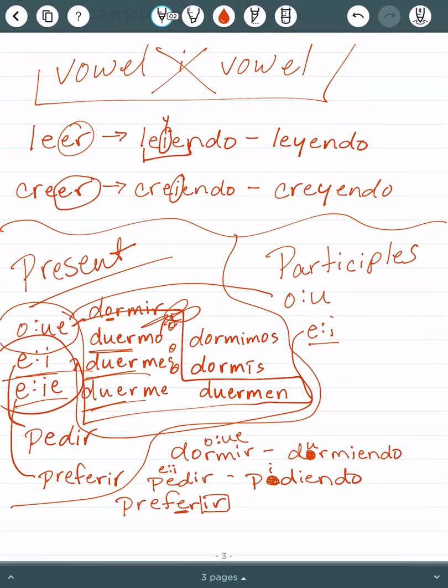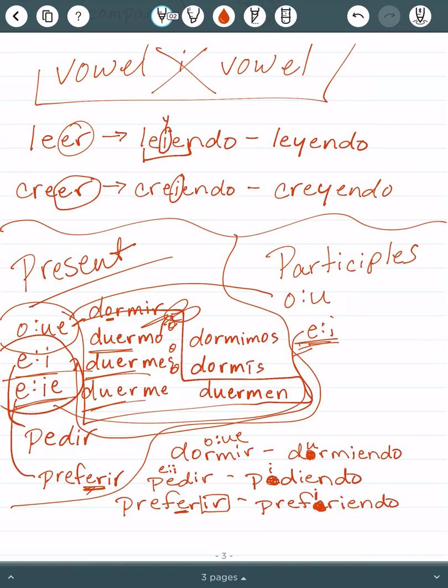And it's E to IE in present, but then it's just E to I as a participle. So it should be preferiendo, but because we like to keep everyone as confused as possible, we're going to leave it as an I, prefiriendo. So it's a stem change here. It's got to be a stem change here. So that really is all the information about present participles.